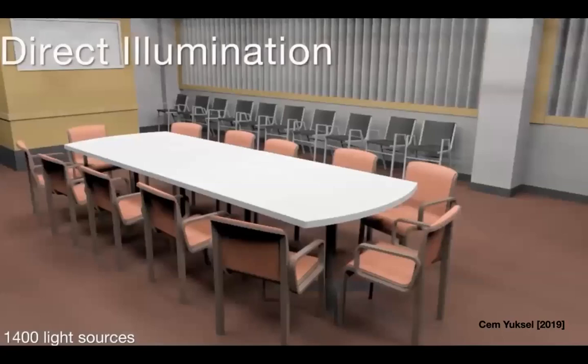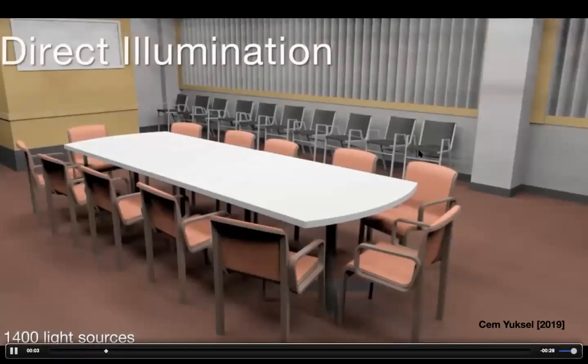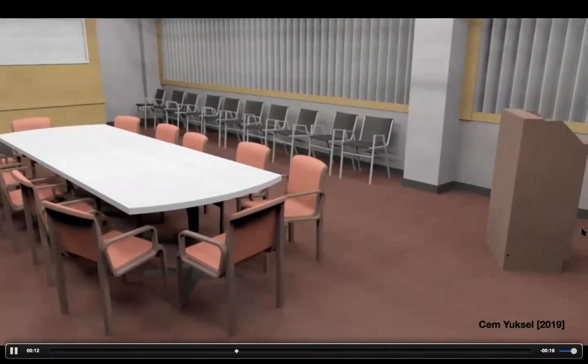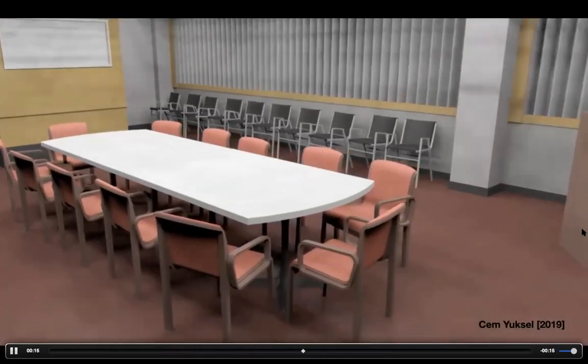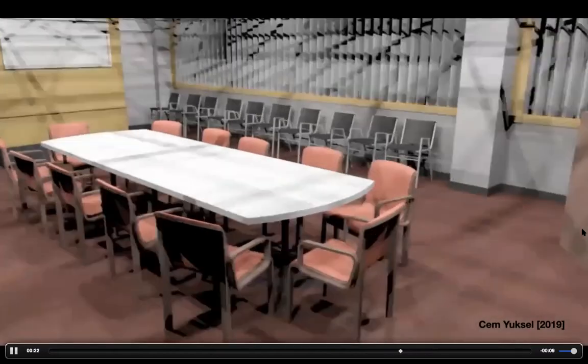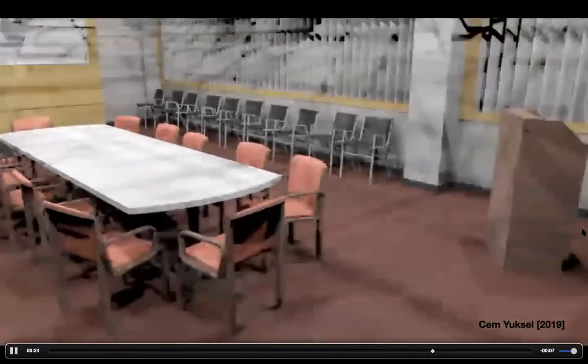Now, let's see the corresponding comparison. So with 1400 lights, if you use 1000 VPLs, you see there is flickering with light cuts. If you have 100 VPLs, the light cuts still show issues. And with 10 light samples, you still have a lot of issues.